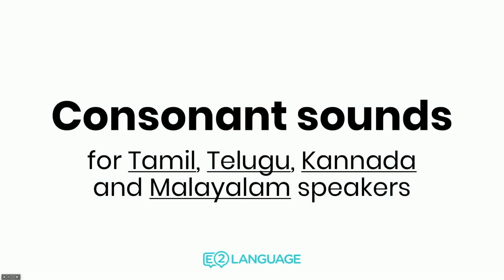Consonant sounds are sounds that actually use your teeth, your tongue, the roof of your mouth, your lips, etc., and actually stop the air in some way coming through. That's the difference between a vowel and a consonant. So let's have a look at the problematic consonant sounds for Tamil, Telugu, Kannada, and Malayalam speakers.